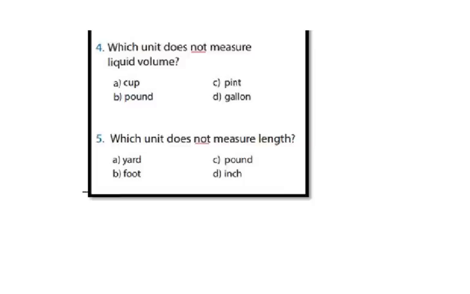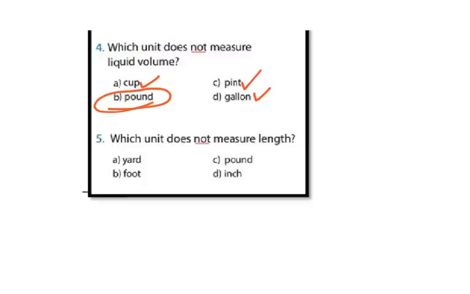Which unit does not measure liquid volume? Well, we know a cup does. We know a gallon does. We know a pint does. So a pound measures weight. That does not measure liquid volume. And then finally, which unit does not measure length?